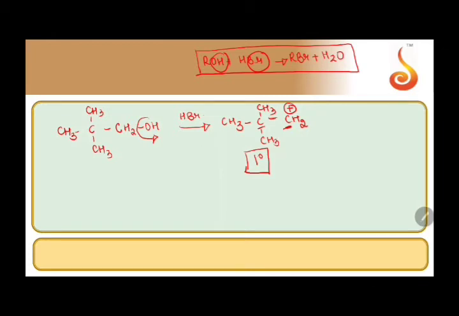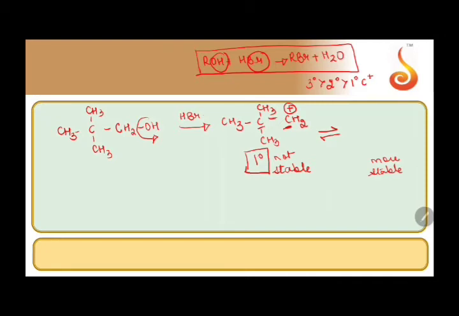We know that tertiary carbocation is more stable than secondary as compared to a primary carbocation. So this carbocation is not stable. It undergoes some type of a shift so as to rearrange itself to form a more stable carbocation.